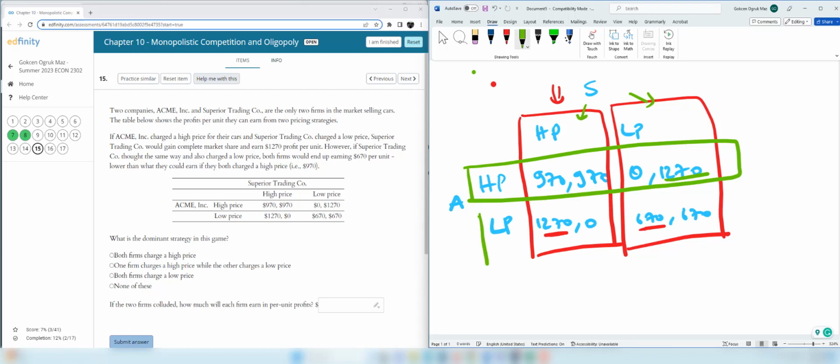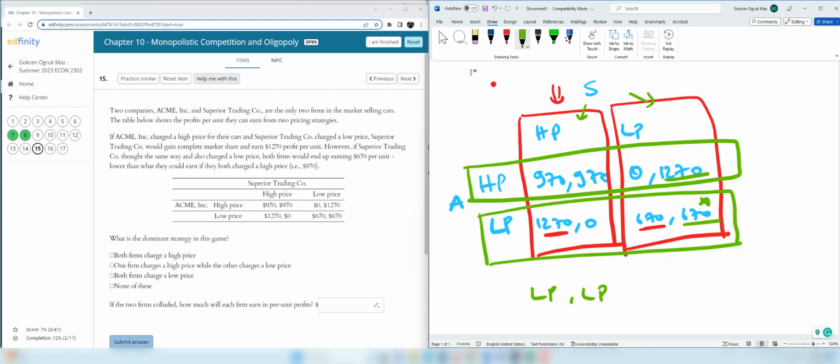What if Acme chooses this row? If that is the case, we need to compare the high price and low price payoffs for Superior. Superior gets 0 for high price and 670 for low price. So this is the best response for Superior. And given this cell, both players choose their best responses, which is called the Nash equilibrium. The Nash equilibrium is low price, not the payoffs.